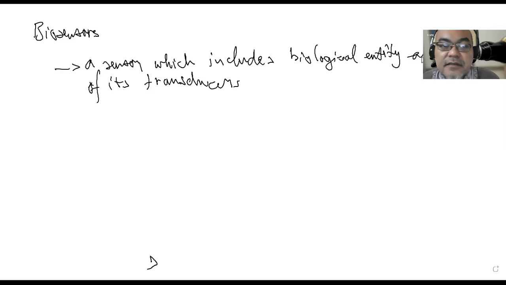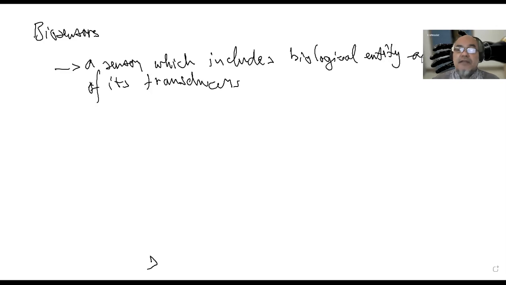Well, in real life, especially in biomedical engineering applications, many of the signals that we want to detect and measure are of the biological domain, or of the chemical or biochemical domain.